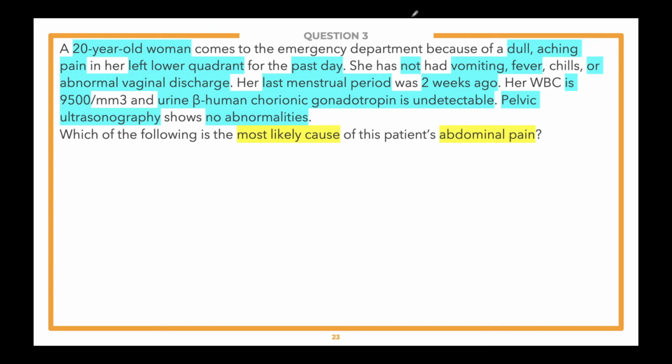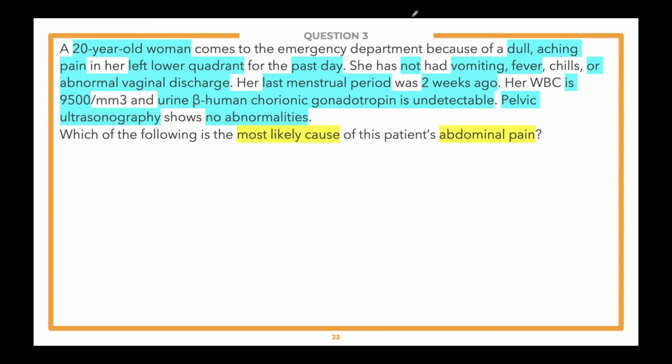They tell us about her last menstrual period. That's always an important question to ask all of your patients, okay? They give us some laboratory findings, and then they give us some imaging findings as well, okay? So we need to use all of those clues to figure out what is going on with this question.